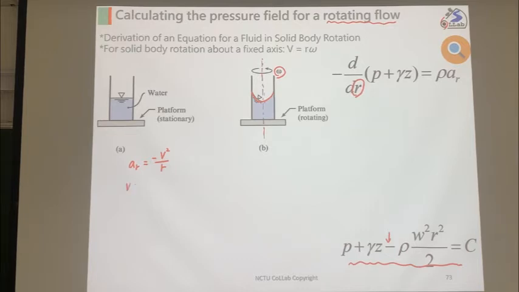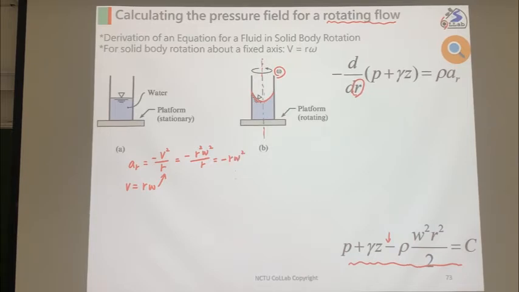And we know V is equal to R omega. So I replace V by R omega. In here it is minus omega squared R squared divided by R, and we only have minus R omega squared, right?